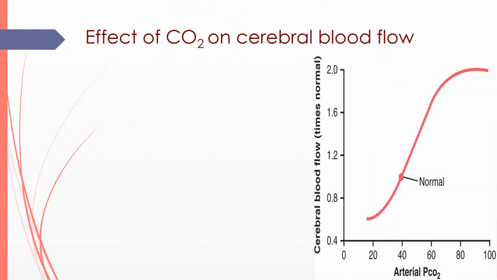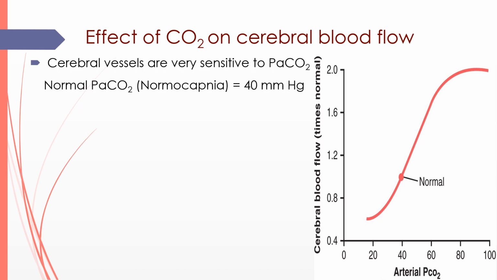Let us discuss the effect of carbon dioxide on the cerebral blood flow. The cerebral vessels are very sensitive to the partial pressure of carbon dioxide. The normal partial pressure of carbon dioxide is 40 millimeter of mercury. When it goes above 40 millimeter of mercury, that is hypercapnia, and it causes vasodilatation.